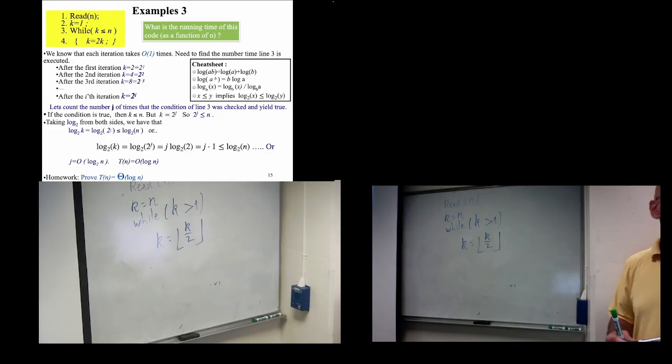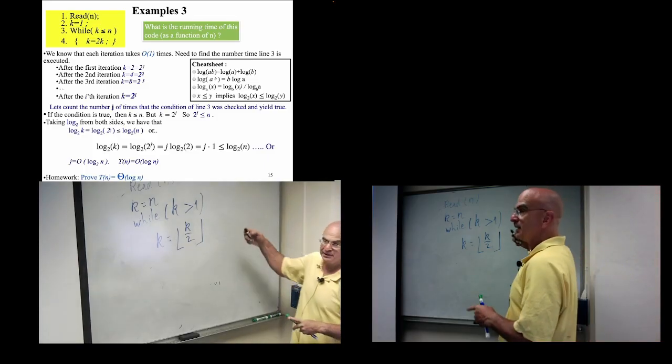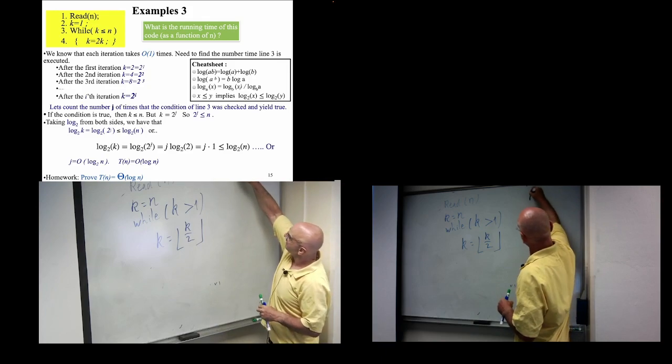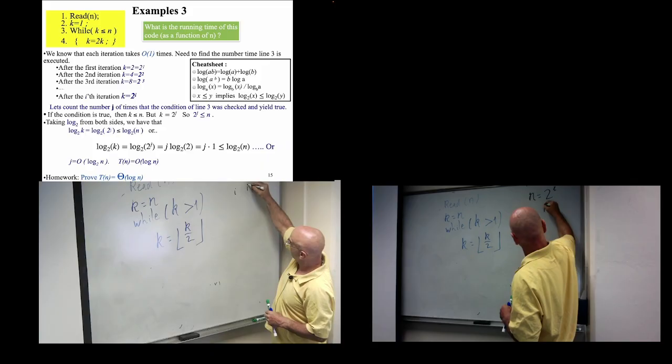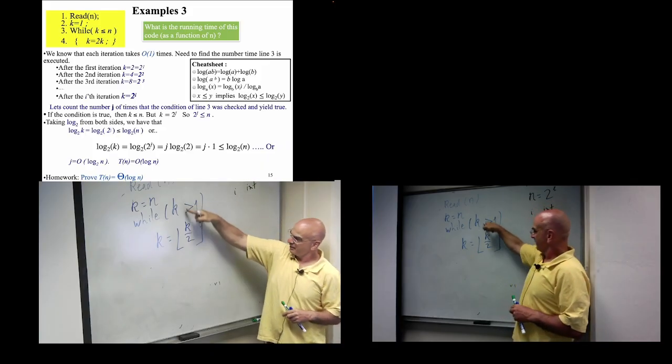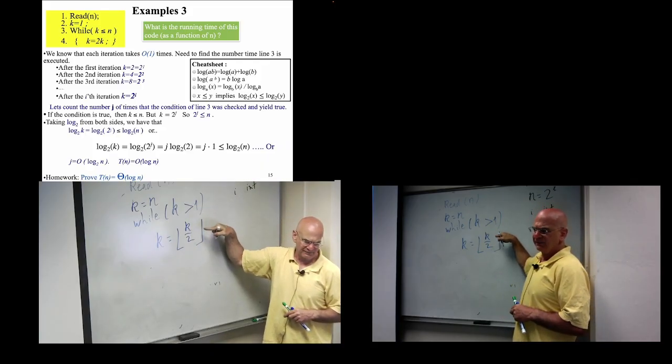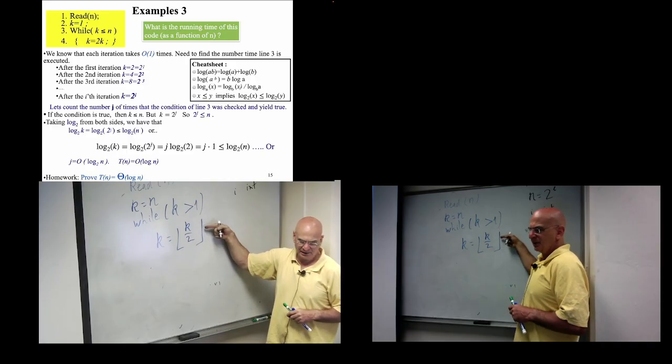What's the running time? So to start with, let's assume that n is a nice number. n equals 2 to the i for integer i. Then I don't need the ceiling because when I divide it by 2, it's still an integer number.